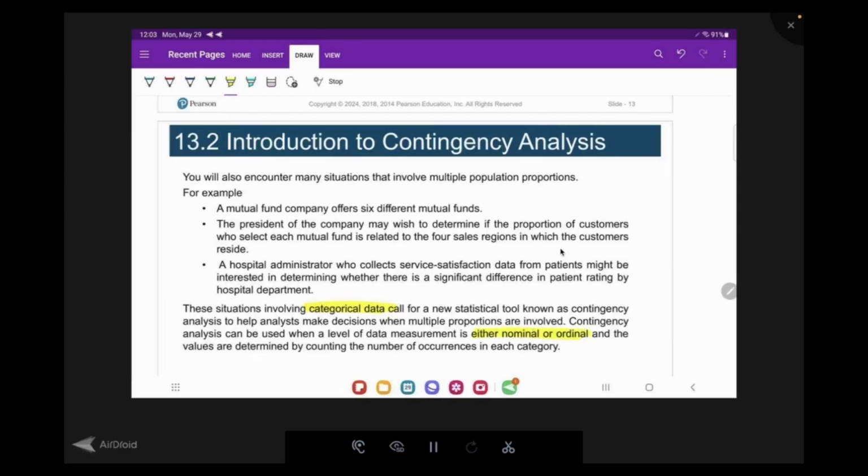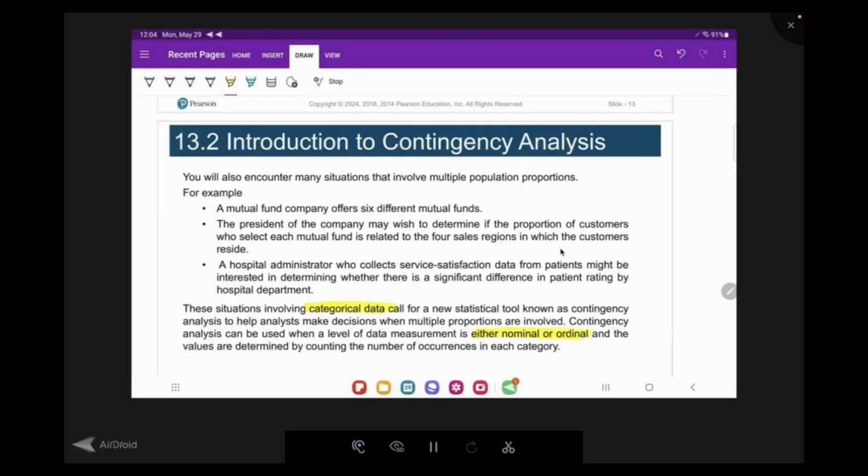The values determined are the counting, the frequency of occurrence in each category. Number of males, number of females, number of smokers, non-smokers, patient, non-patient. These are categorical, nominal. Married, divorced, single, widow.